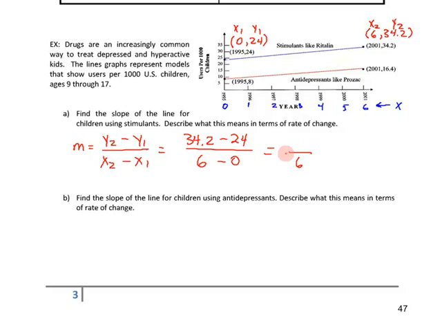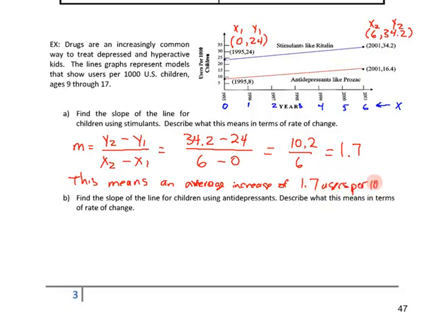So that's going to give me number of children out of 1,000 per year. That's going to give me 10.2. 10.2 divided by 6 in my calculator gives me 1.7. So this means an average increase of 1.7 users per 1,000 children per year.